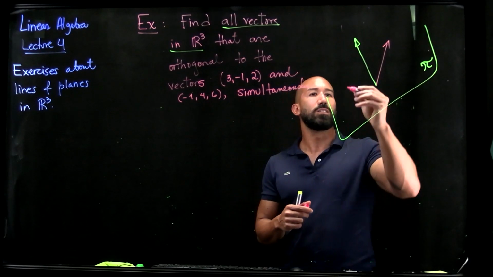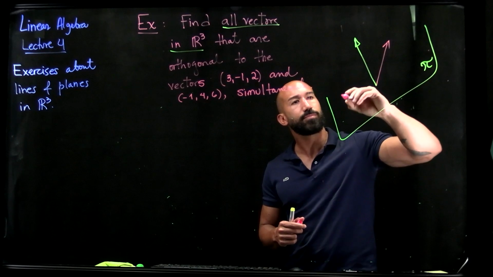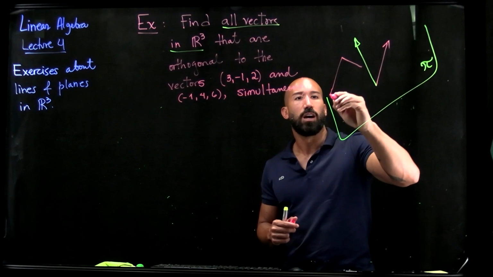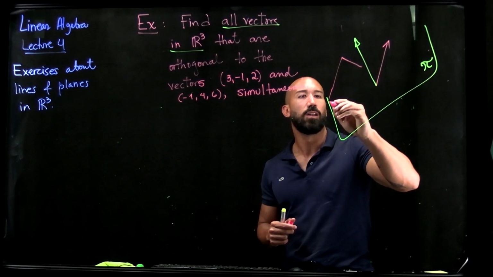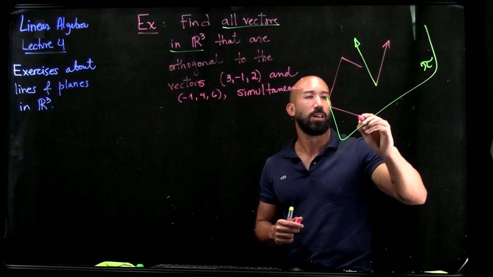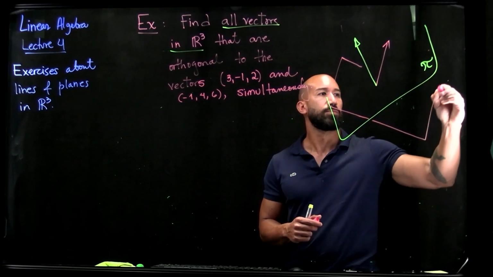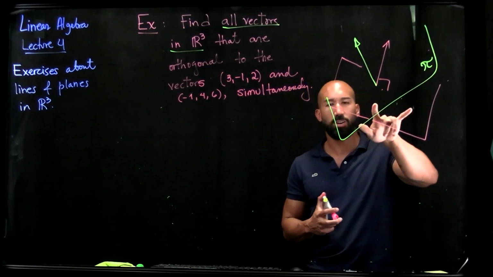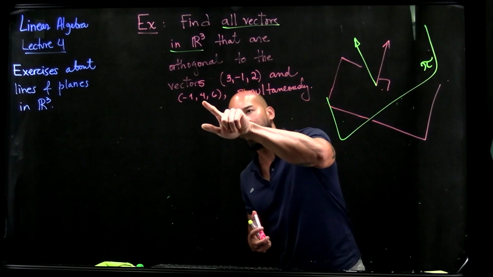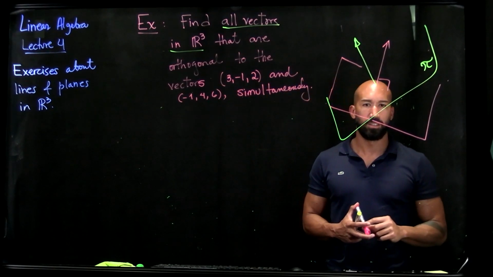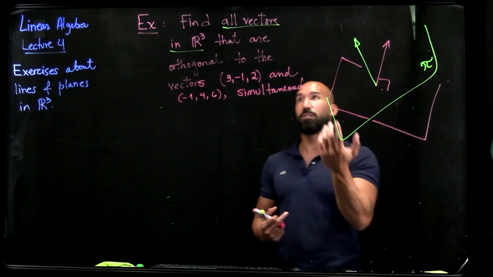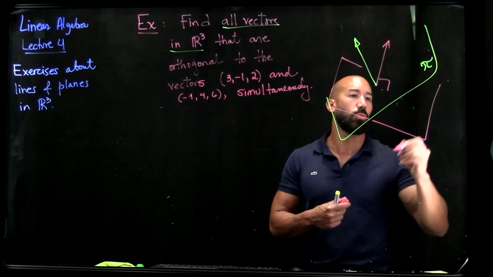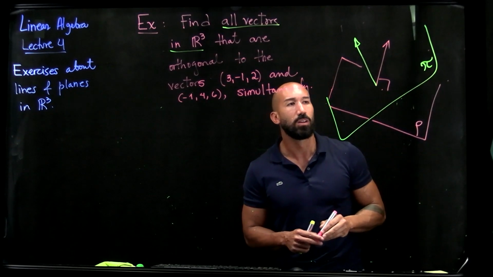Well, what I know is that there is a plane here that is orthogonal to this one, and every vector on this second plane is orthogonal to this second vector. So in particular, the vectors that we are looking for also lie on this second plane, which I will name rho. Is that okay?